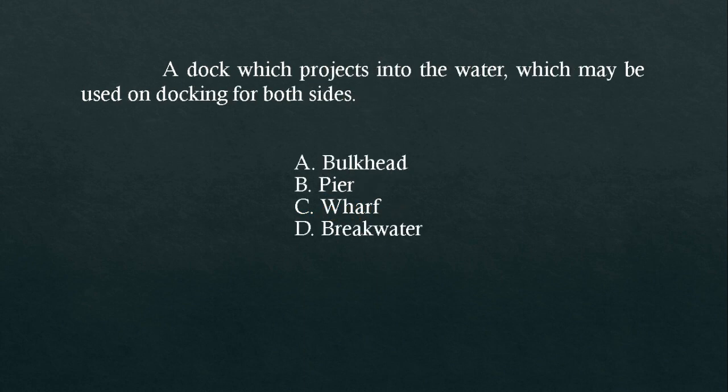A dock which projects into the water, which may be used for docking on both sides.